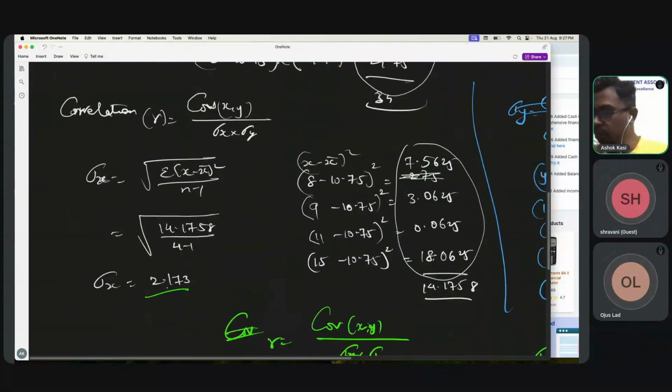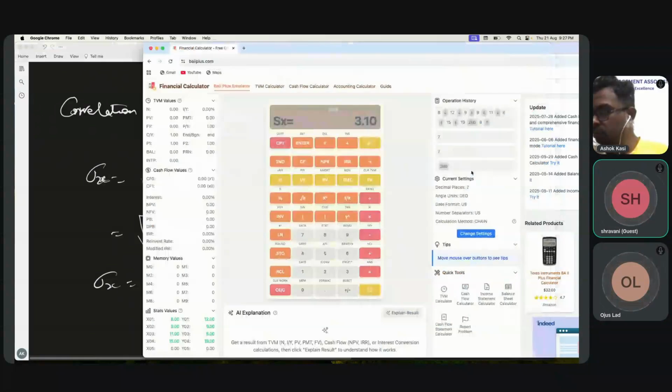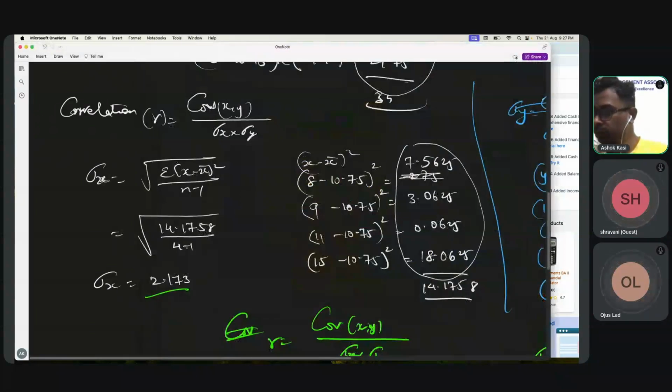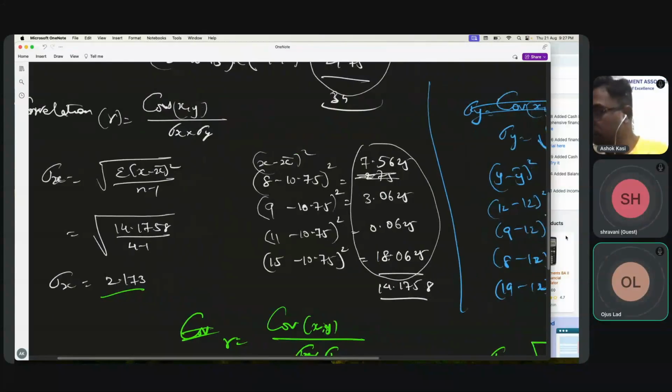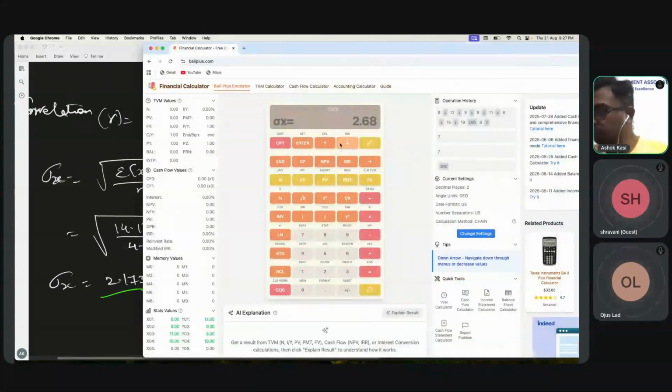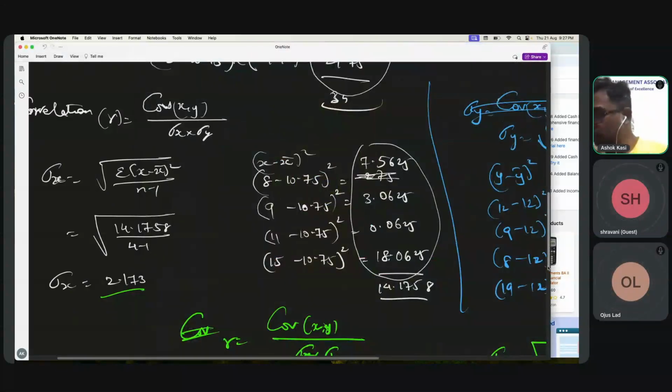There is something wrong here. We took n minus 1. So which is the next value? Next is the population standard deviation, 2.68. So this is wrong. So let's check.